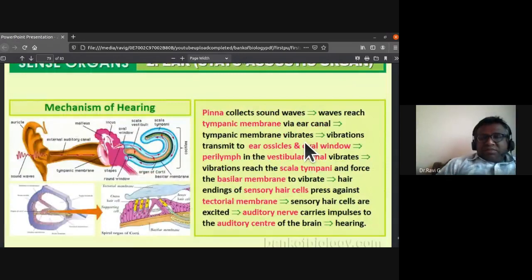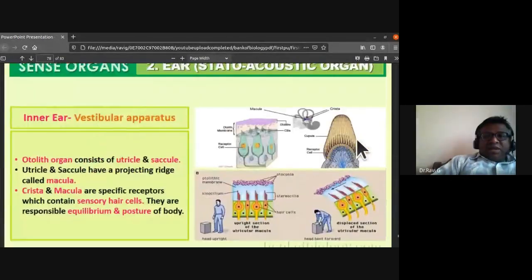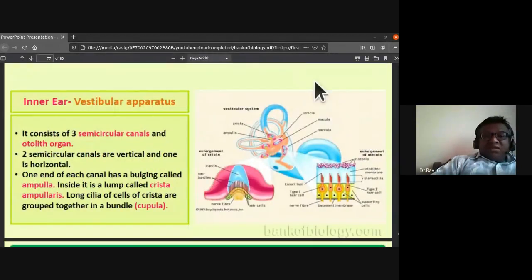I'll be stopping at this part because it's a little tougher. I know the ear structure is tougher. So you have the inner ear, the vestibular apparatus, which has three semicircular canals. Two of them are vertical, one is horizontal.